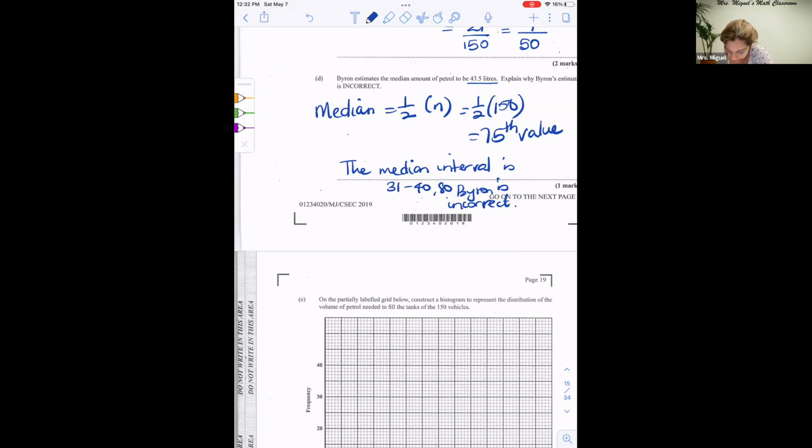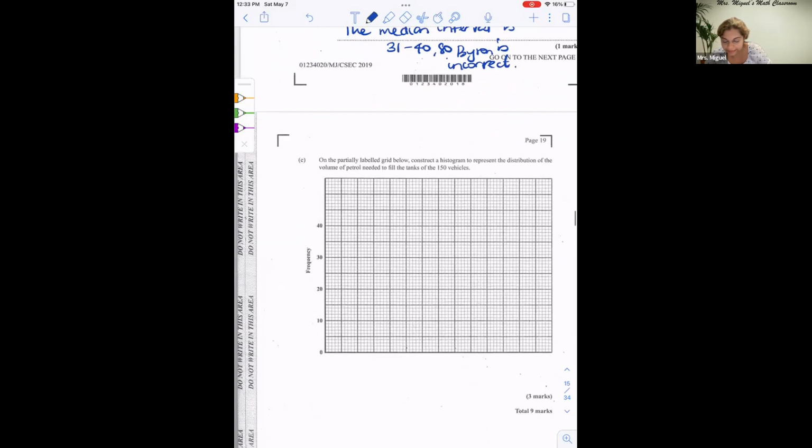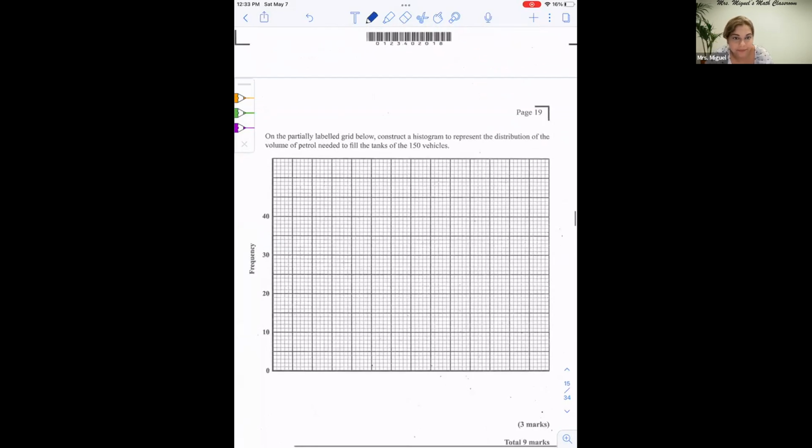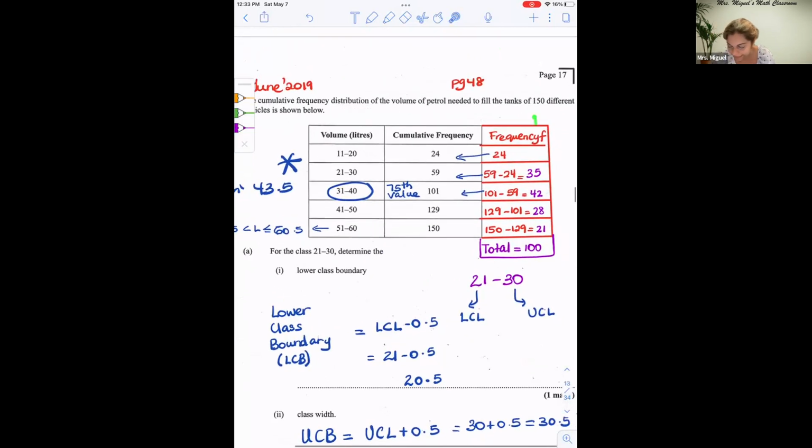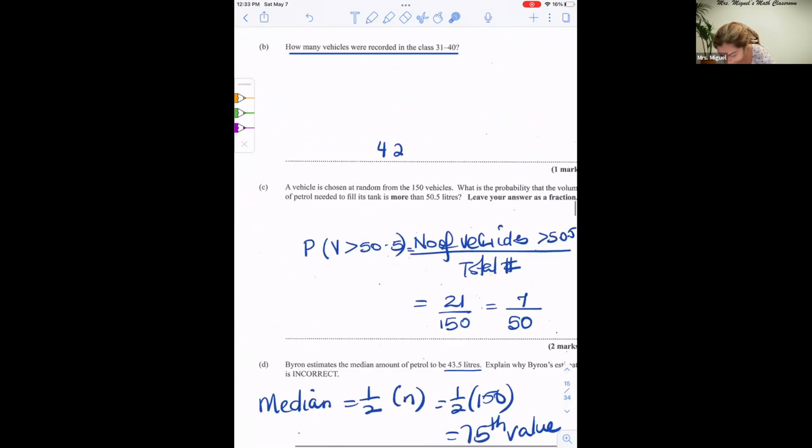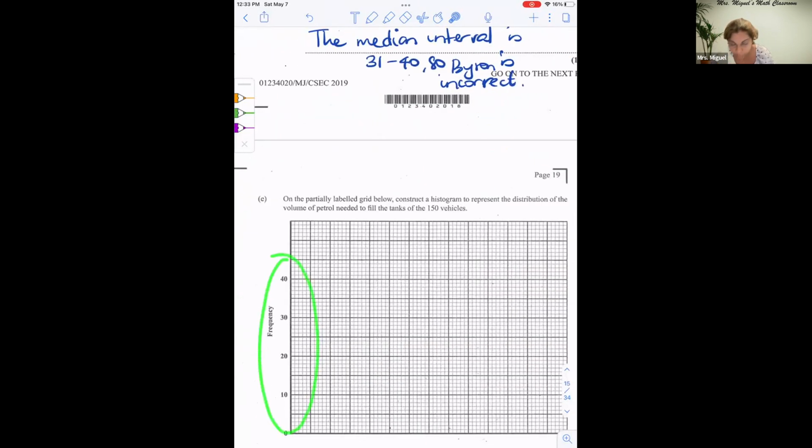All right, let's go. On the partially labeled grid, construct a histogram to represent the distribution of volume of petrol needed to fill the tank. So watch this. If you did not find the frequency, you would have used these values. But when you go to the grid, the highest value is 40.